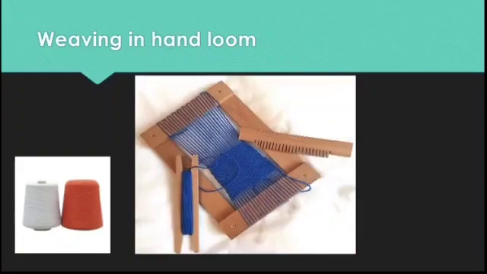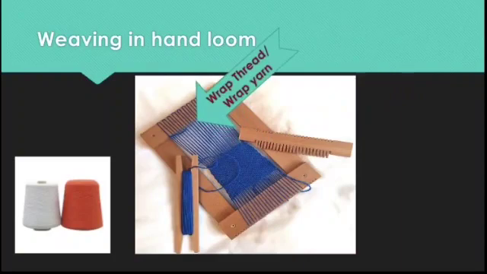Dear students, you can see the second picture, right? This is known as a hand loom. A loom is a structure which is used to give support to weave. A tightly held thread or yarn strung over the loom vertically is known as warp thread or warp yarn.